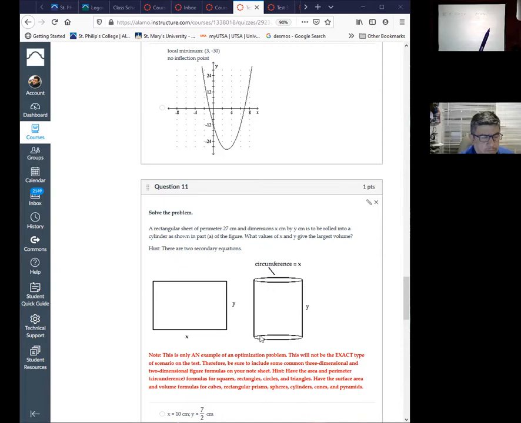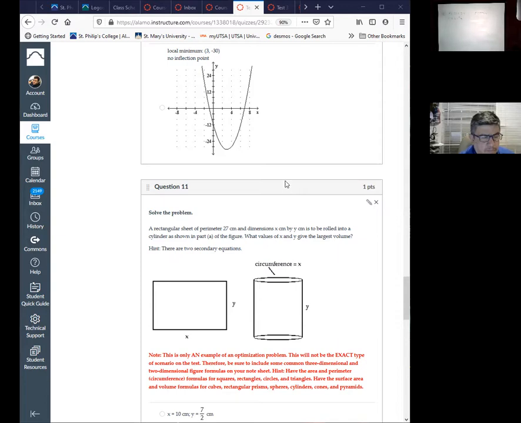Yeah, pi r squared would give us the circle. And you agree that this is just a stack of circles, right? So you do pi r squared times the height, that gives you the volume of a cylinder. So volume is equal to pi r squared times h, but we're not using h or r, right?